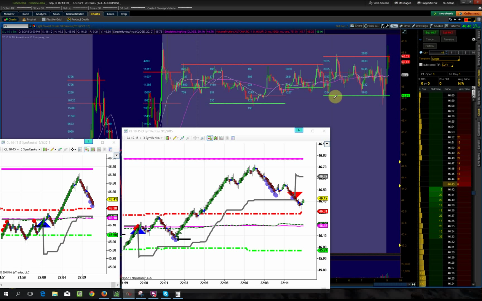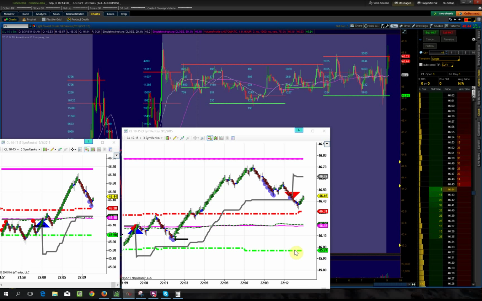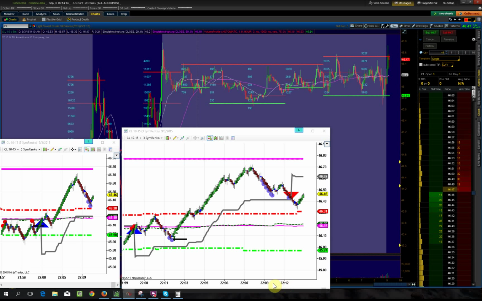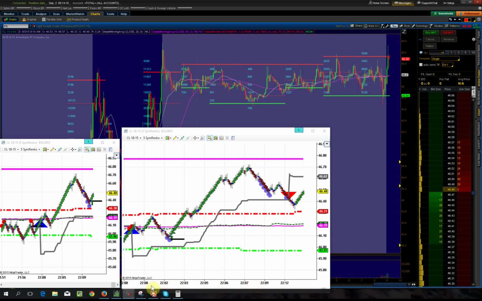So we did come down to the 46.33, which is close enough. If this thing really starts to push up, okay, because we could technically have bought right here.